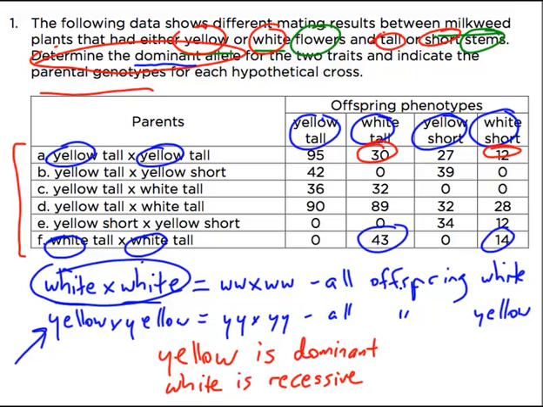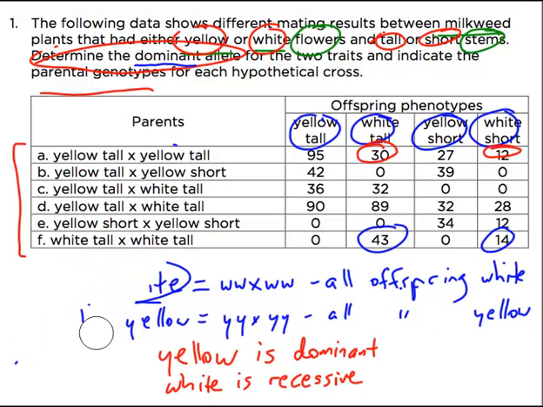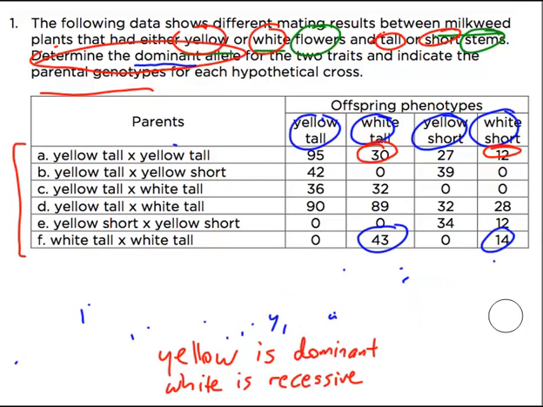I'm going to erase some of this stuff so that we can look for what the situation is with the tall versus short. And I didn't look at this one on purpose because I want to sort of solve the problem with you. So remember, we want to look for ones that are the thing by itself, in other words, times itself.